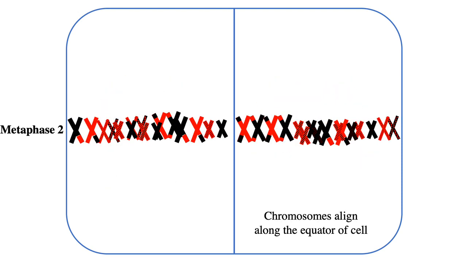As we move into metaphase number 2, the chromosomes are once again going to be aligned along the equator, or you can say the middle line of the cell. A difference being observed is that it's not the tetrads anymore. The tetrads were separated during anaphase number 1, if you remember. So now it's just the individual chromosomes that are aligned along the equator of the cell.